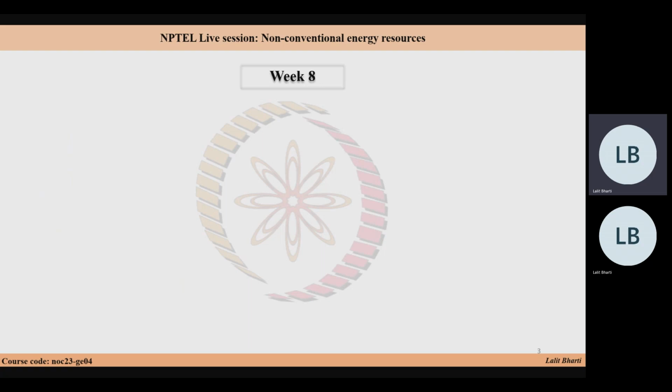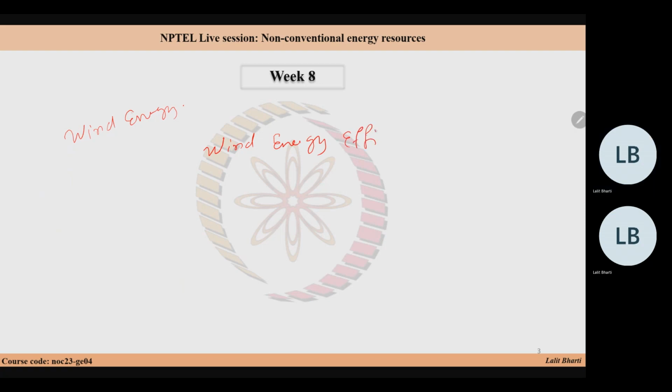Under week 8, we will be discussing wind energy, specifically wind energy efficiency, where we will see the efficiency factors and how they affect it.